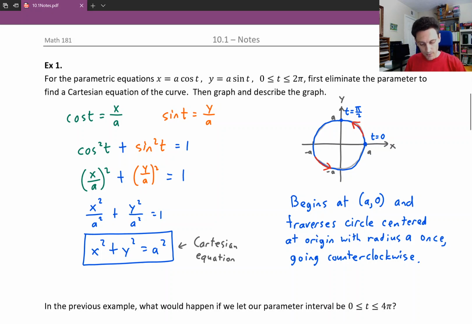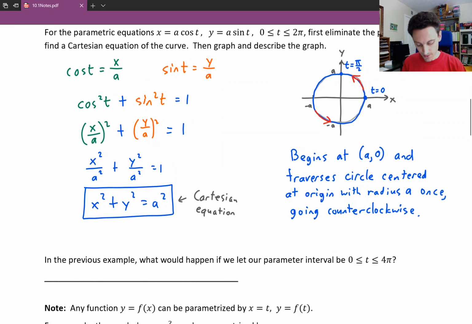In this example 1, what would happen if we let our parameter interval be 0 to 4 pi instead? What do you think would happen? So if you said that we would traverse the circle twice, then that's correct. The circle would be traversed twice.